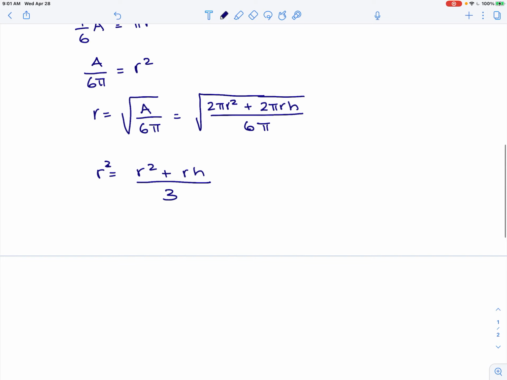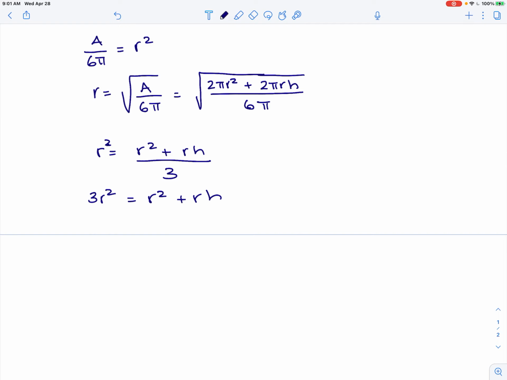Then I can solve for r. Still tricky here. 3 r squared equals r squared plus r h. So I get 2 r squared equals r h. If I divide both sides by r, I get 2r equals h.